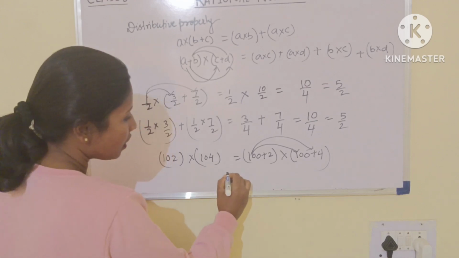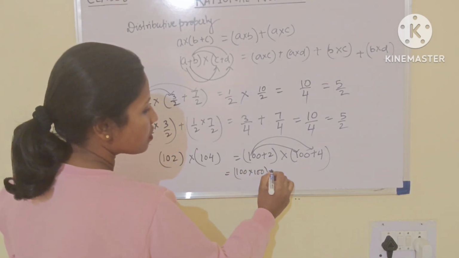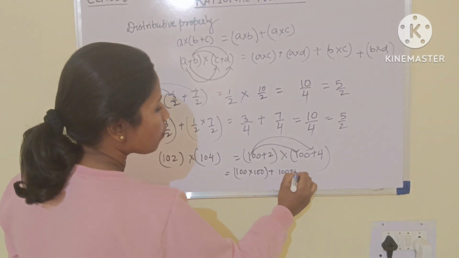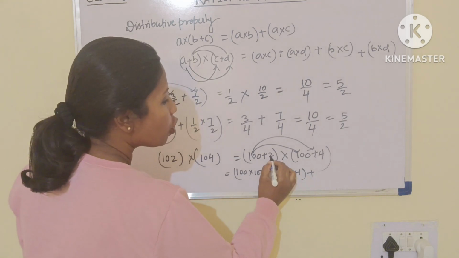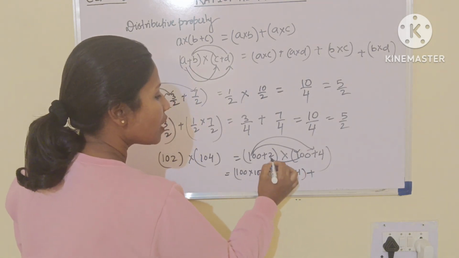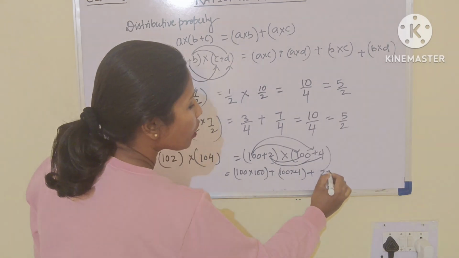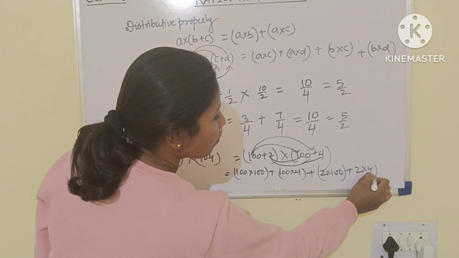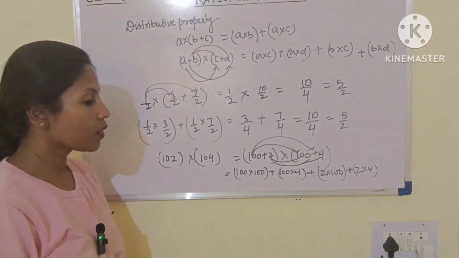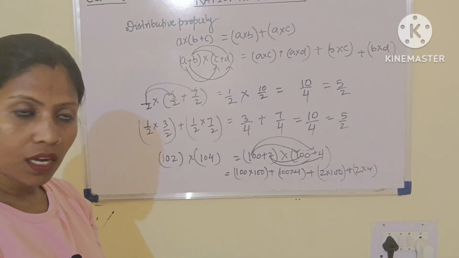So how can we write this here? 100 into 100 first plus 100 into 4. Done? First number done. Then let's talk about 2. Now we'll multiply 2 with 100, then 2 with 4. So 2 into 100 plus 2 into 4. Then you multiply all those, add this, and you will get an answer.